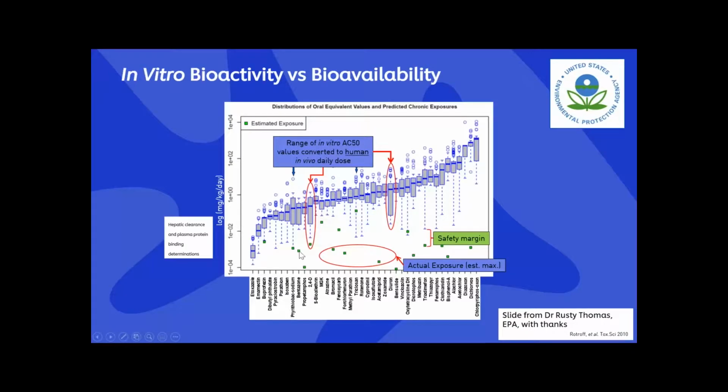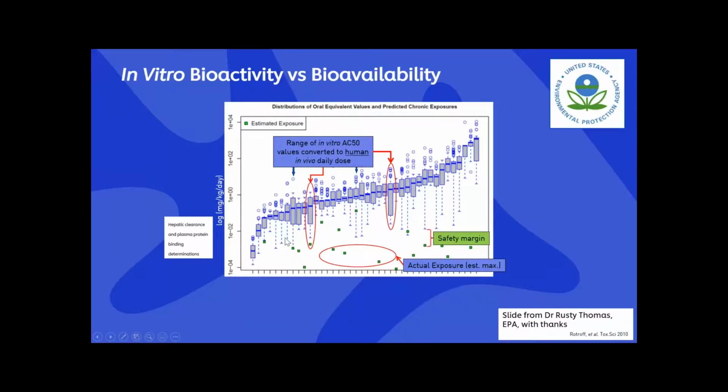I don't want us to focus too much on the substances here, but this type of plot nicely illustrates what a relatively simple comparison of in vitro biological activity and human exposure might look like. In this instance, the points of departure, well, these all come from ToxCast assays, and the exposures are estimated using high throughput toxicokinetics.